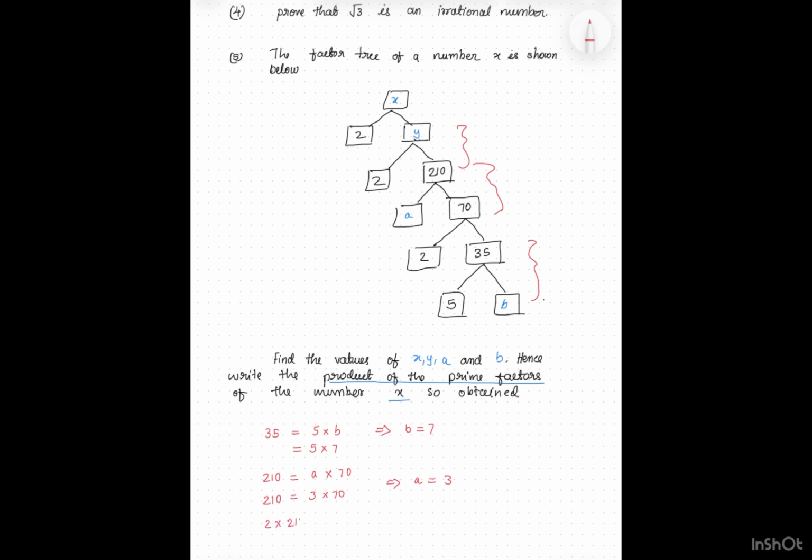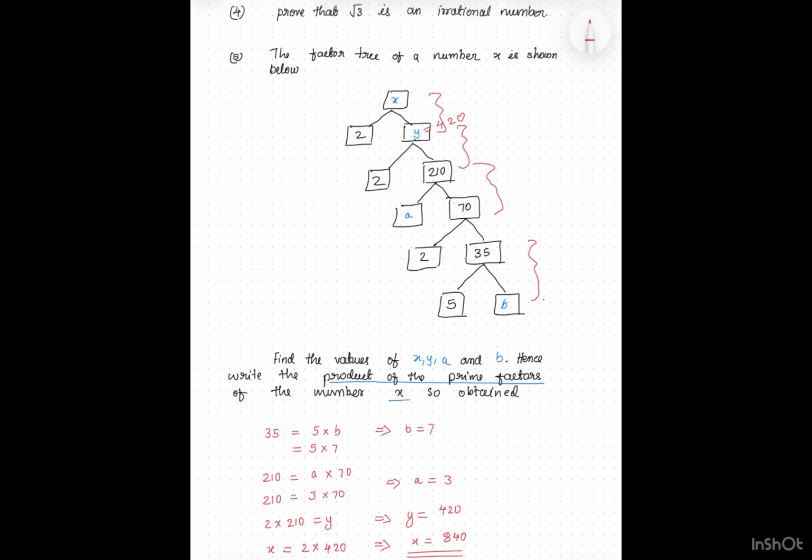So 2 into 210 is equal to y, which implies y is equal to 420. Next, y is 420, so we get x is equal to 2 into 420. That implies x is equal to 840.